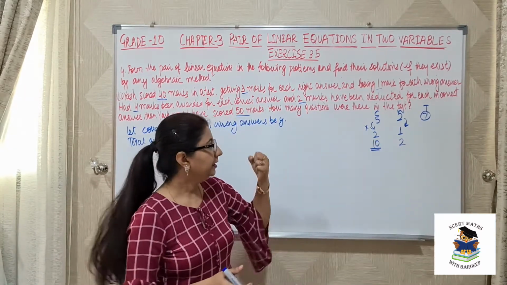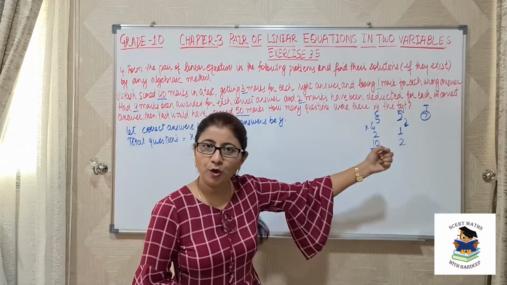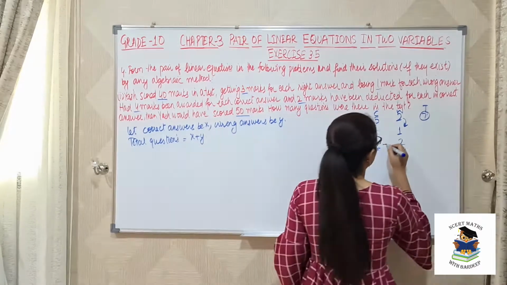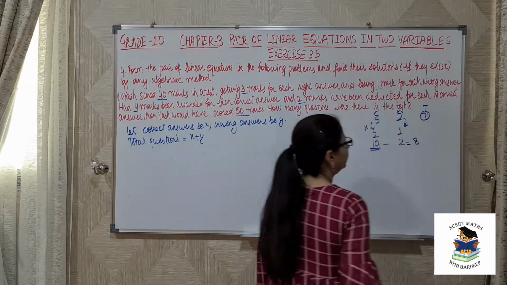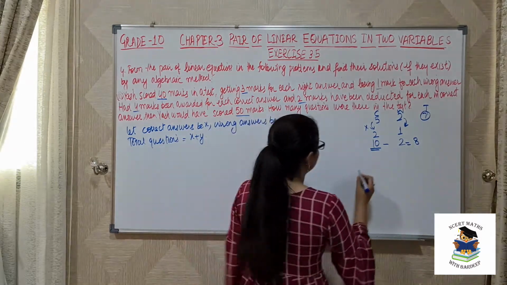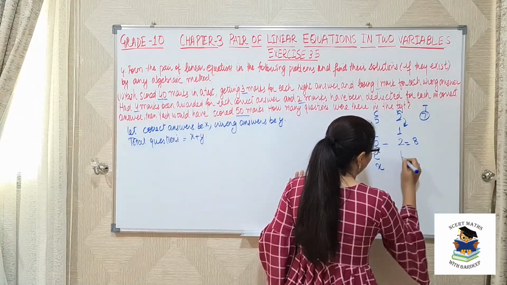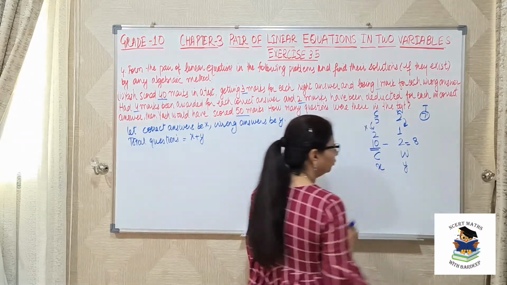He has earned 10 marks, but 2 are lost because of wrong attempts. So the total marks is 10 minus 2, which is 8. Similarly, in this situation, I have taken correct answers as x and wrong answers as y.